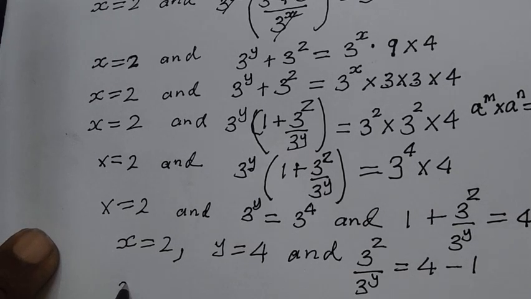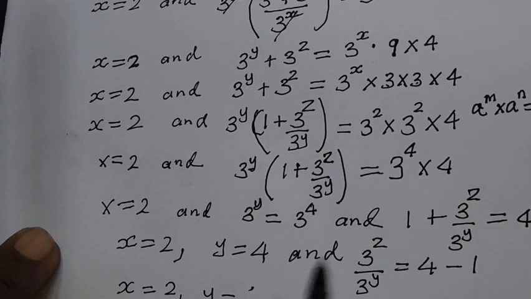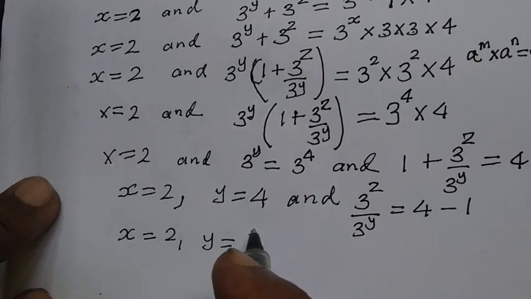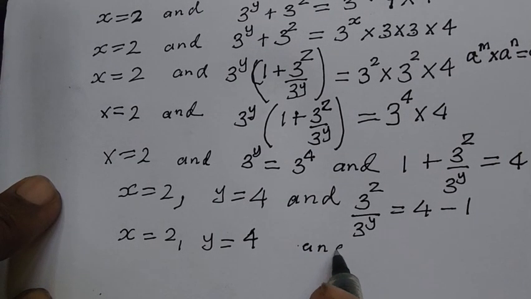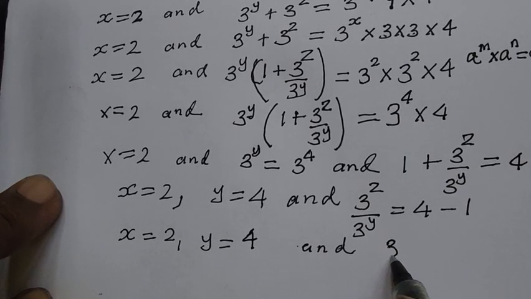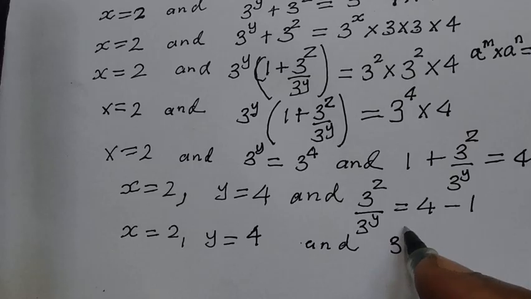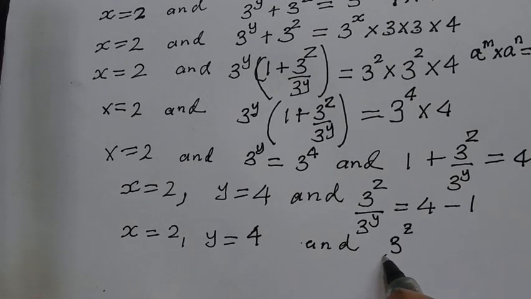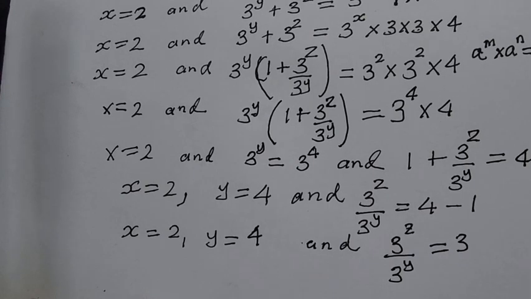So we have x equals 2, y equals 4, and 3 raised to power z over 3 raised to power y equals 3.